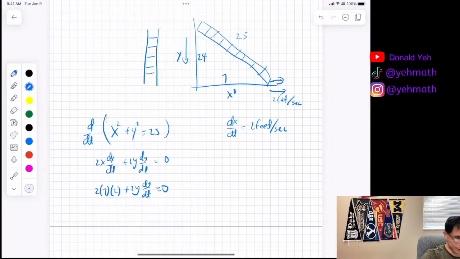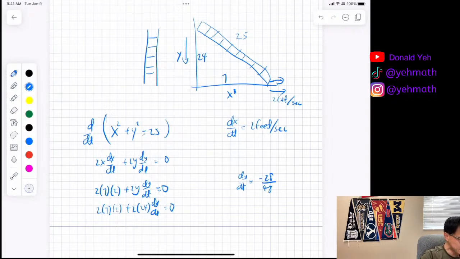This is 24. So it'd be 2 times 7 times 2, plus 2 times 24 dy/dt, and that's equal to 0. So that's going to give you, move to the other side, 28, I think, over 48 equal to dy/dt.